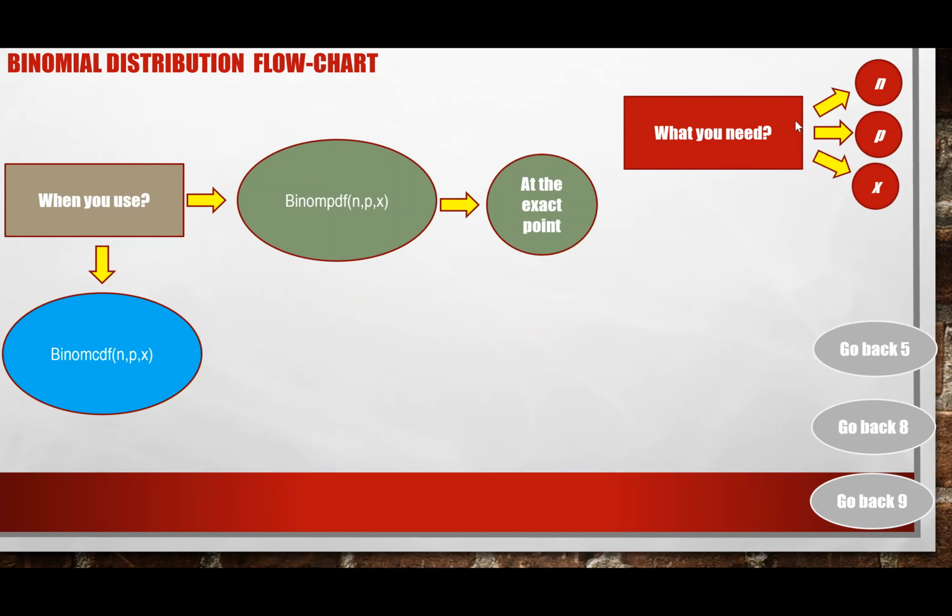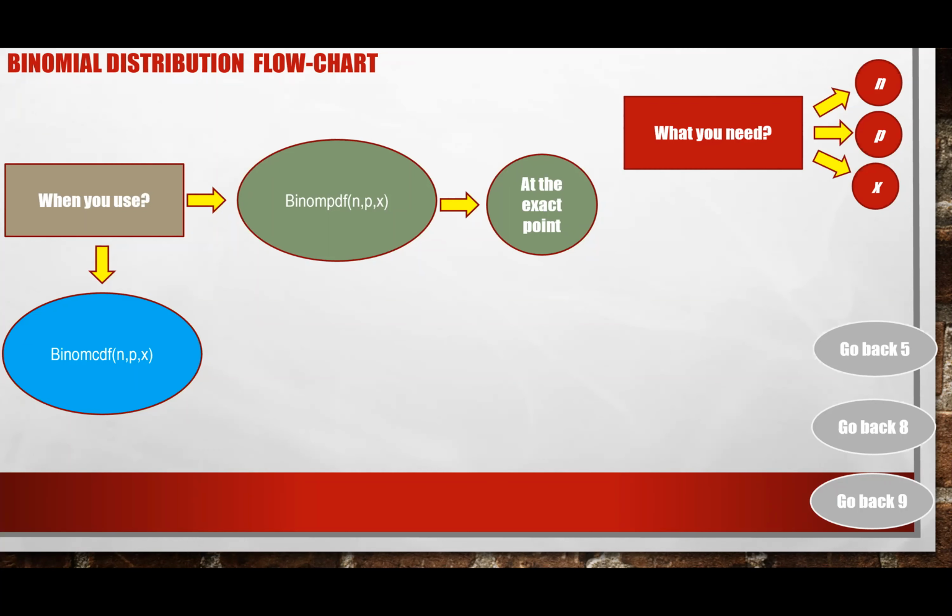The P right here is basically your point. Last time they asked you, what is the probability of exactly 7 or 4? Whenever you see exactly, that's one particular point, we use the binomial PDF.